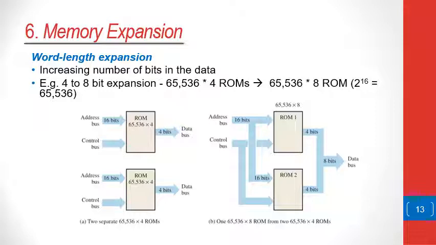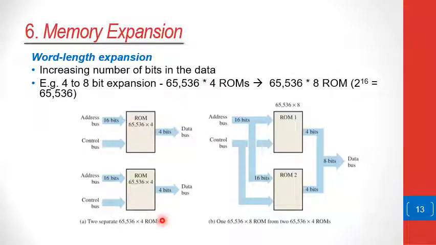For example, in the example below, we will consider doing a word length expansion from 4 to 8 bits, that is moving from a 65,536 by 4 ROM, taking 2 of those and then connecting them together to give you a 65,536 by 8 ROM.